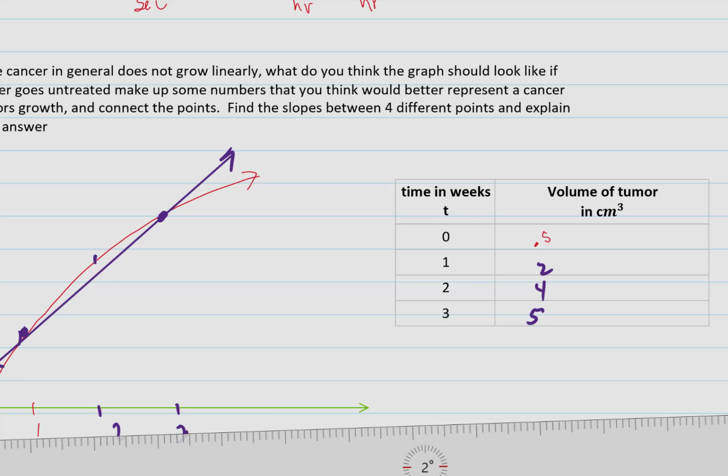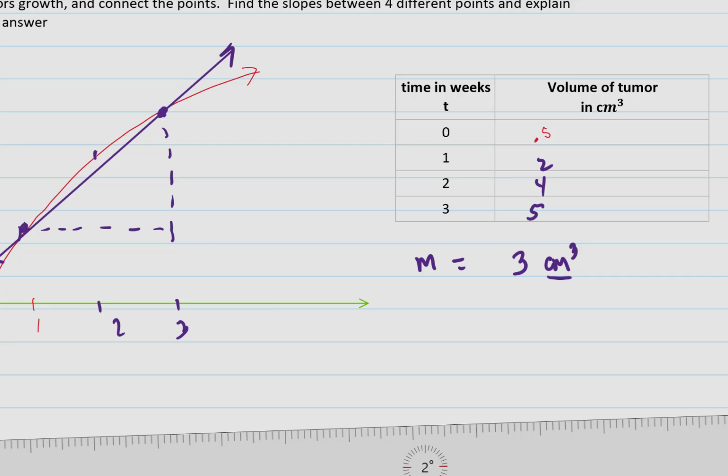So if we look at the rise over run of the purple line now, we're going to have 5 minus 2, which is 3 cubic centimeters per. And at the bottom I have 3 minus 1, which is 2. So 3 over 2 is 1.5.